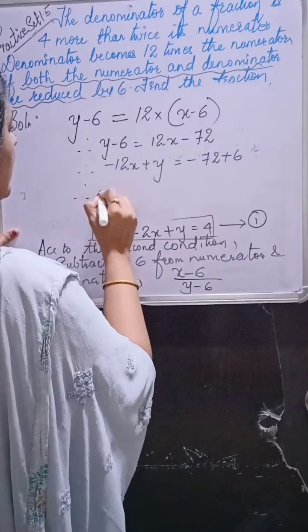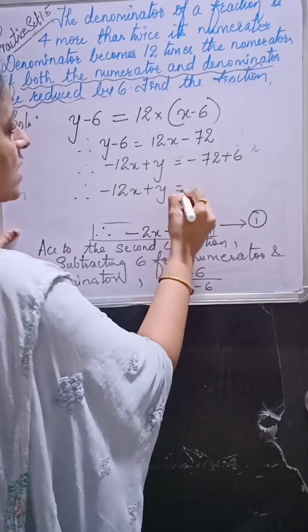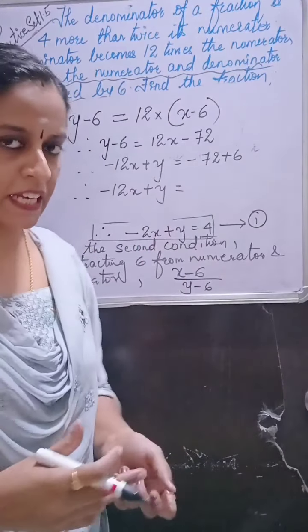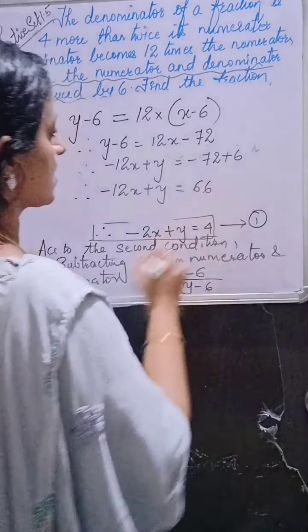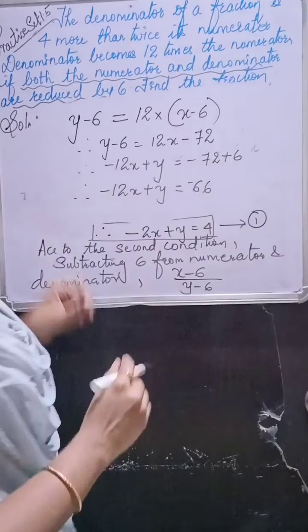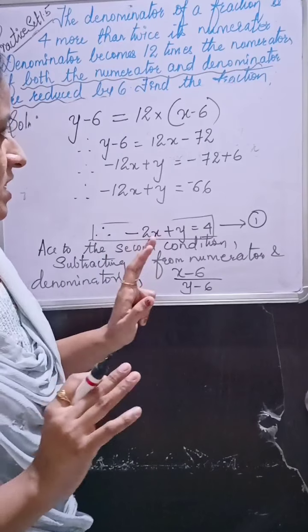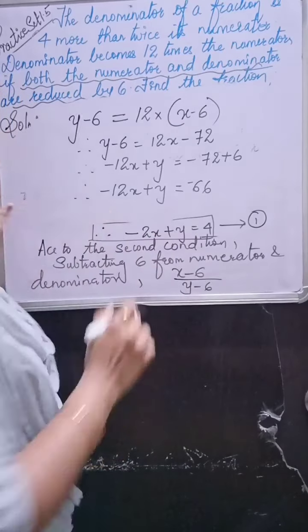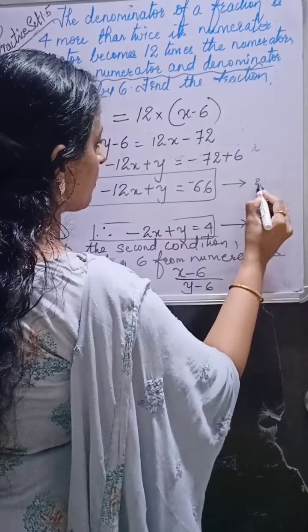So we have the second equation as minus 12x plus y is equal to minus 72 plus 6, which is minus 66. 72 is the greater number, so minus. Correct all the calculation? Yes. So this will be equation number 2.